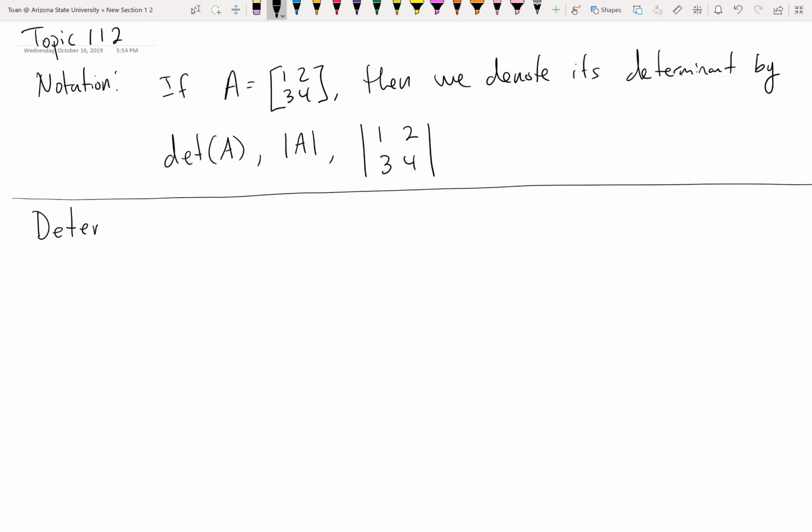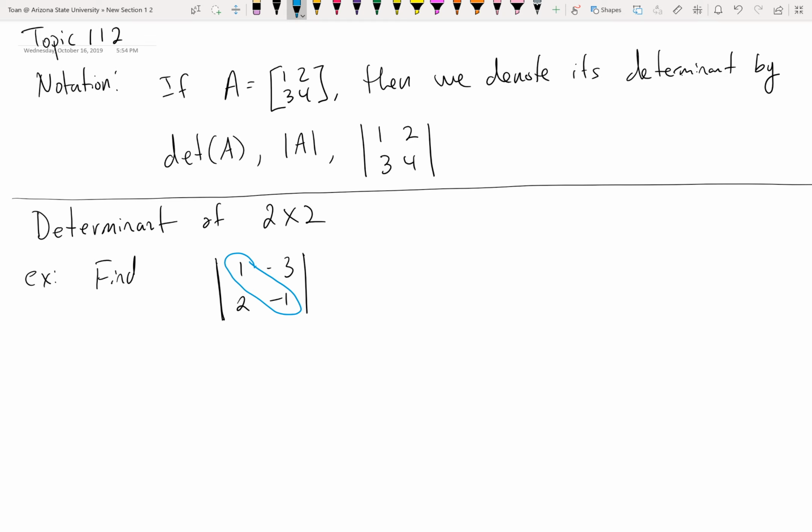So to find the determinant of a 2 by 2 matrix, say for example, suppose I ask you to find 1, -3, 2, -1. Notice I use vertical lines, not square brackets, so this is a determinant, not a matrix. The idea is that you're going to multiply the numbers along the diagonal. First you multiply along the main diagonal.